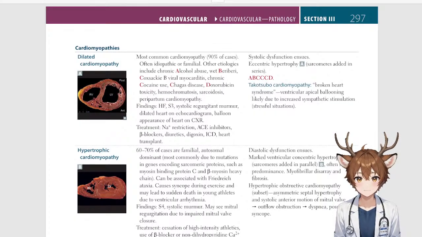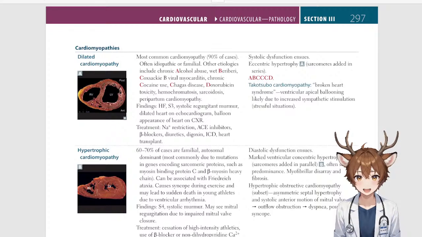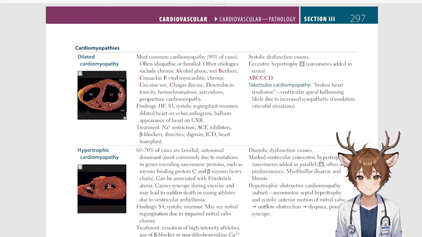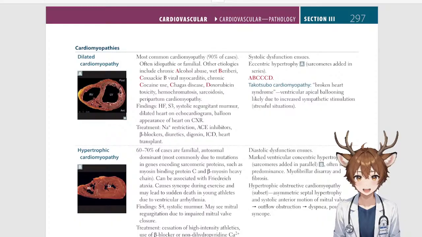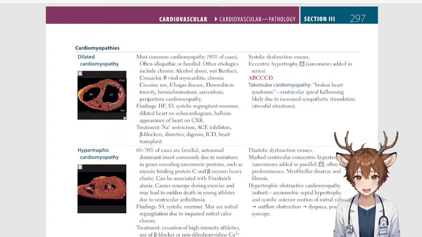So it's saying prevent sudden cardiac death with ICD. Congenital long QT syndrome. Most commonly due to loss of function mutations of potassium channels, which affects the repolarization.